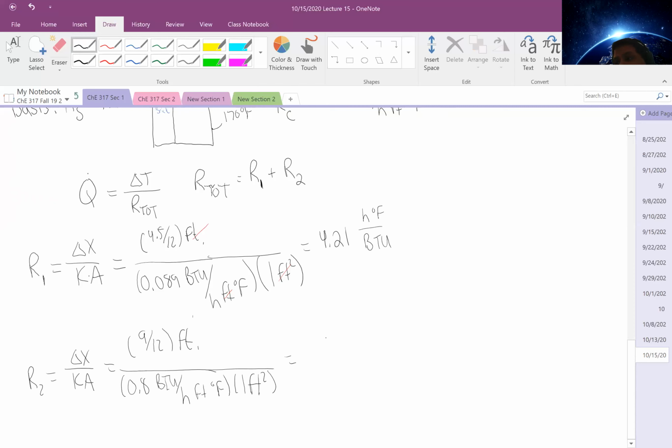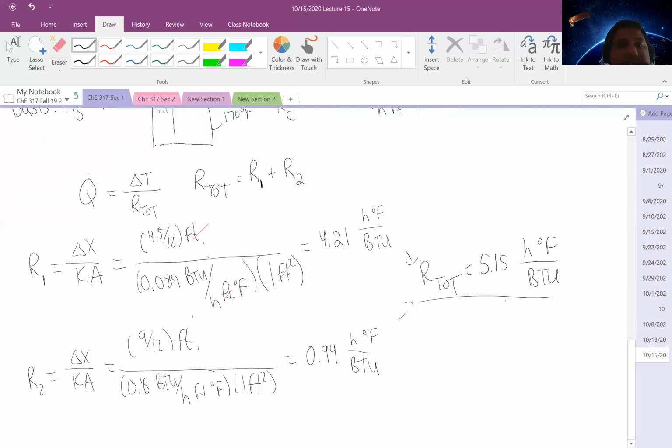So with this calculation, I have approximately 0.94 hours degree Fahrenheit per BTU. This means that my total resistance is just the sum, or approximately 5.15 hours degree Fahrenheit per BTU. Is everybody following along okay?